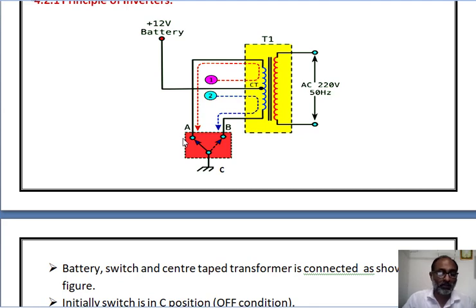The SCR is more applicable than the transistor inverter, because the rating of the SCR is very high. So we can easily get a higher rating SCR in the market in comparison to transistor. And another advantage of SCR is that its driving power is very low.